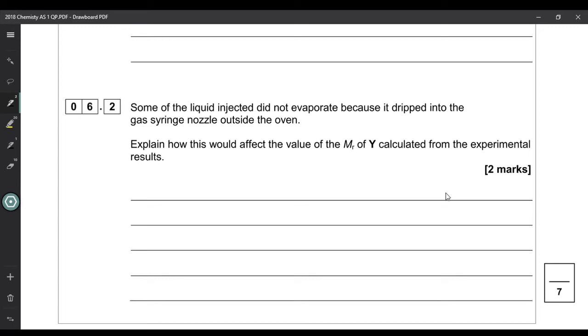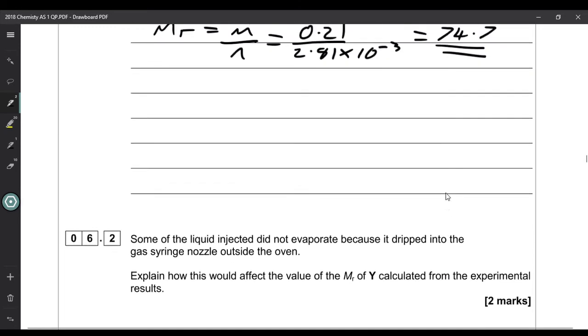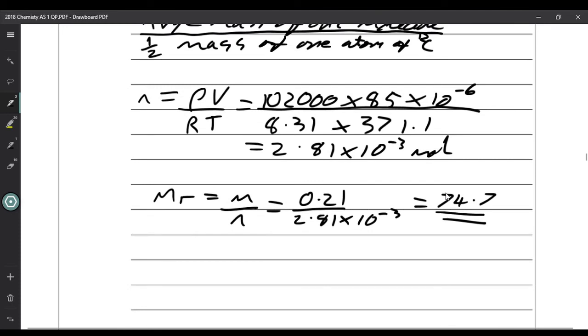Explain how this would affect the value of MR. Okay, so the best way to do this is have a look at the equations that we've used to calculate and see how that would translate to a change in our MR. If we didn't have all the liquid going into the gas syringe, we wouldn't get as big a volume change.